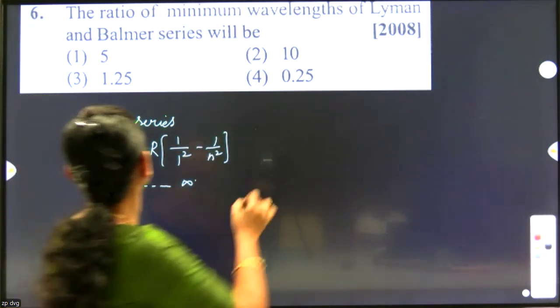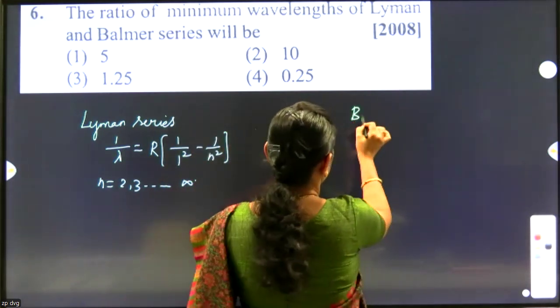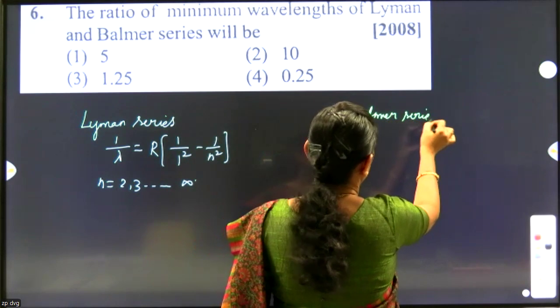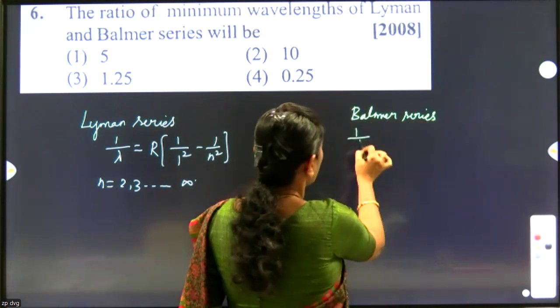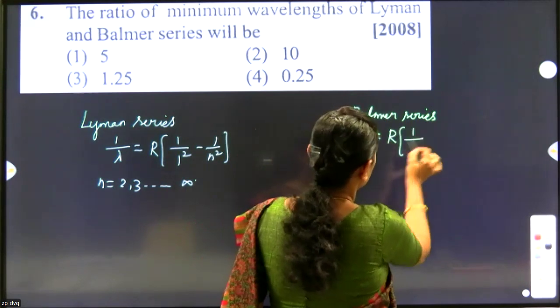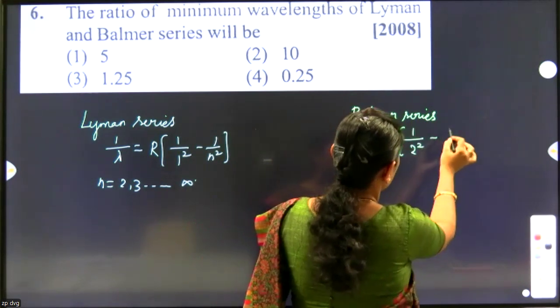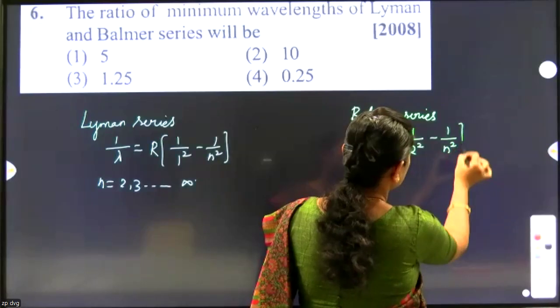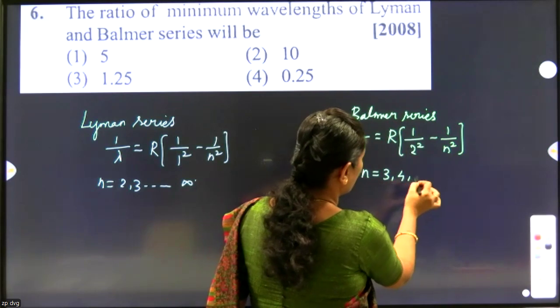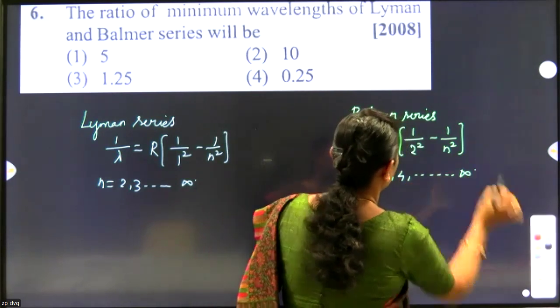And for Balmer series, we know Rydberg formula 1/λ = R(1/2² − 1/n²), where n = 3, 4, etc. up to infinity.